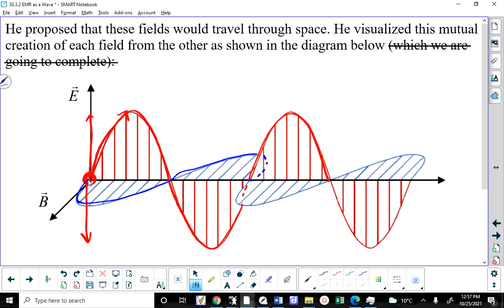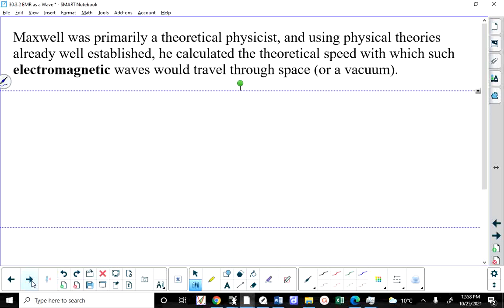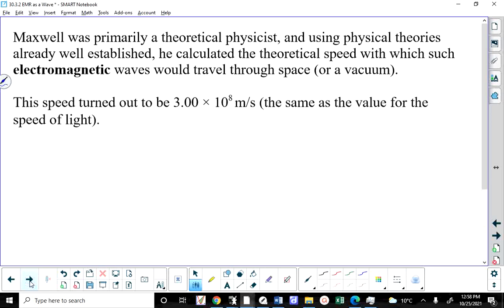Other predictions of his, and some of these are pretty weird, is that this wave should move at the speed of light. Now, he didn't necessarily know what the speed of light was, but he took his formulas and he did the math with them, and it's really bizarre. I'll show you the equations in a bit.